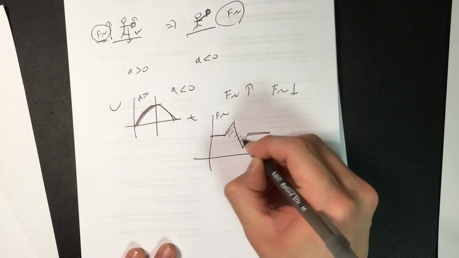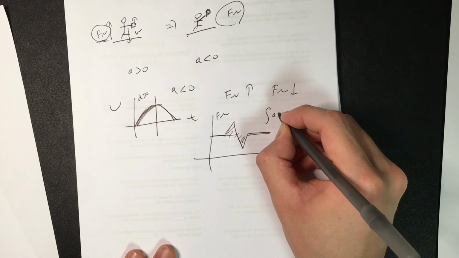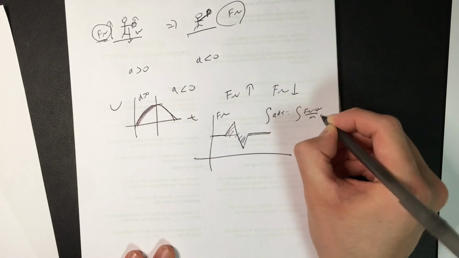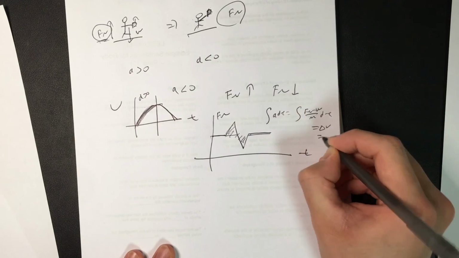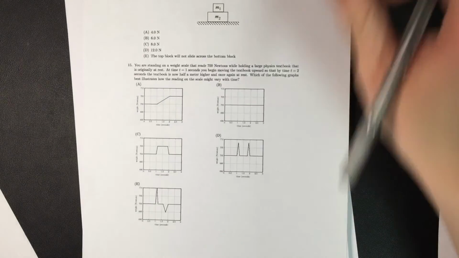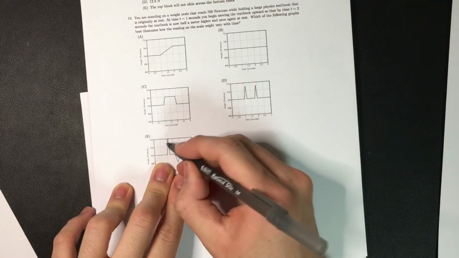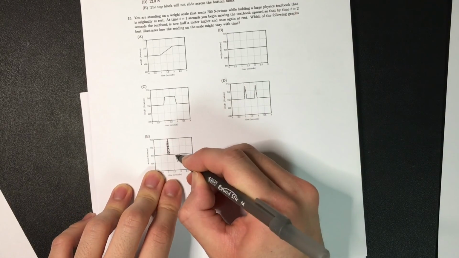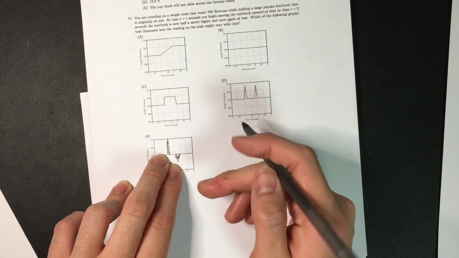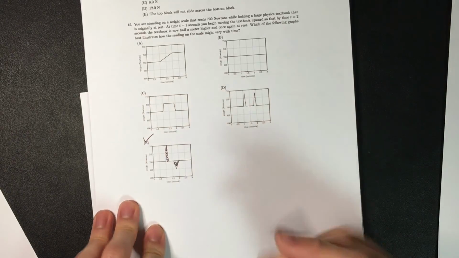Now, if I take the area of this change in acceleration, then the change in acceleration, which equals the change in normal force minus the weight divided by the mass, should equal the change in velocity, equal to 0. Looking at the answer choices, it seems like answer choice E only fulfills this condition because the positive area here is roughly equal to the negative area here. Therefore, if I add these two areas up, the integral of the acceleration is going to be 0. So I'm going to choose E for this one.